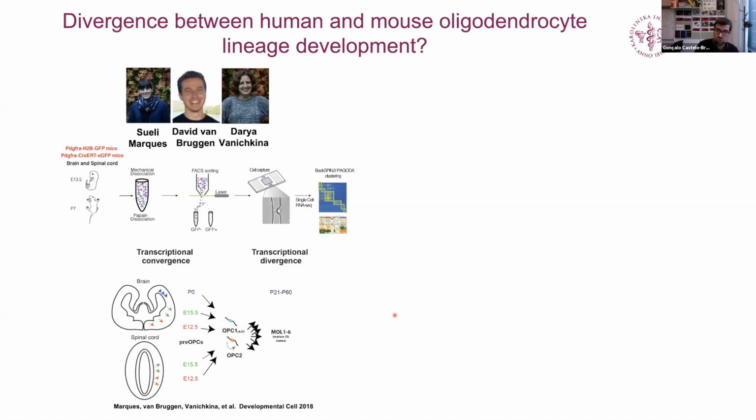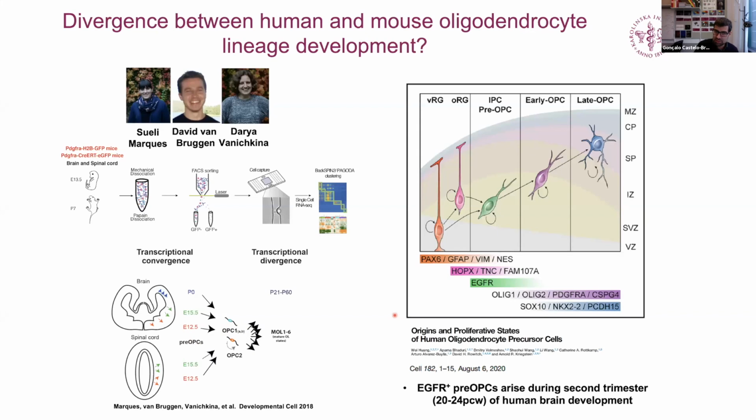Now, when we go to human, most of the literature has been showing that oligodendrogenesis seems to occur quite late. In a paper from Arnold Kriegstein from last year, they also observed these pre-OPCs that we had observed in our mouse studies. But again, this was observed in the second trimester of human development.